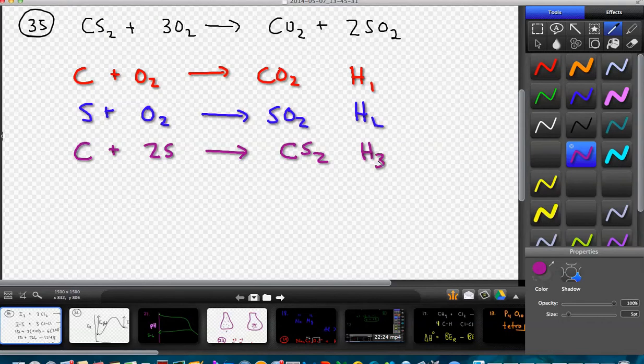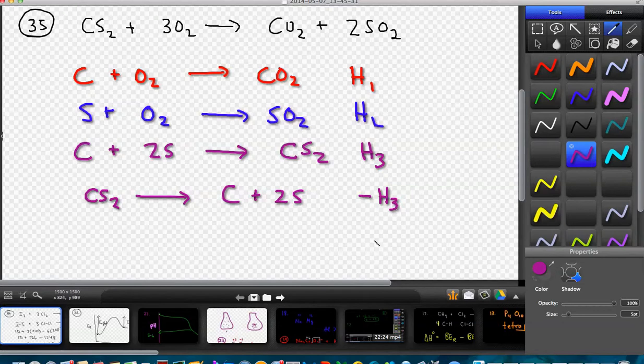Literally, this is how I would approach the problem. Number one, we need CS2 as a reactant. It's only present in equation 3, but it's a product. So let's flip equation 3, which means we flip the sign of H3. So that would be CS2 yields C plus 2S, and that is minus H3.